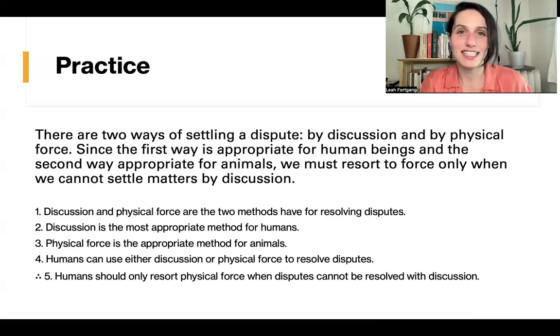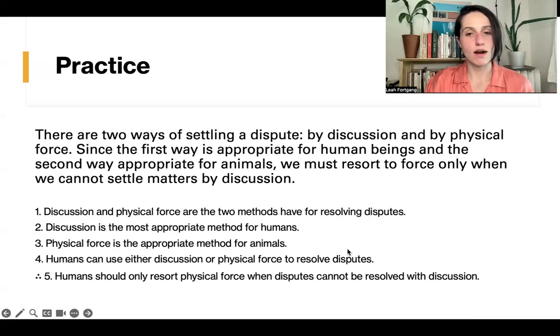So this argument doesn't necessarily fall apart just because, well, humans are animals too. So doesn't that actually mean that's the appropriate way to resolve disputes, since we're also animals, right? You can dig at somebody for messing up that technicality, but then when you step back and look at the reasons, you're like, okay, maybe we need to add this point about humans that I have here in number 4.